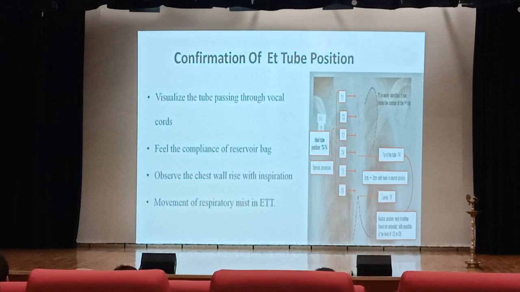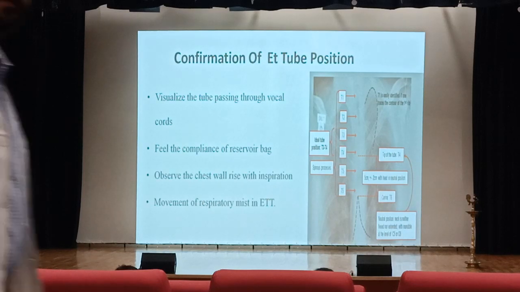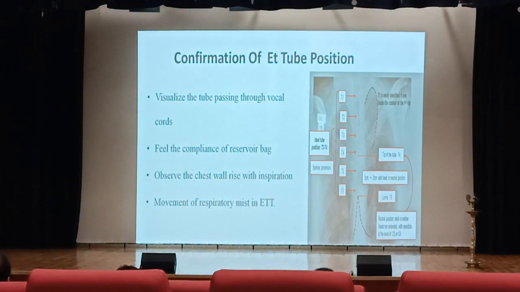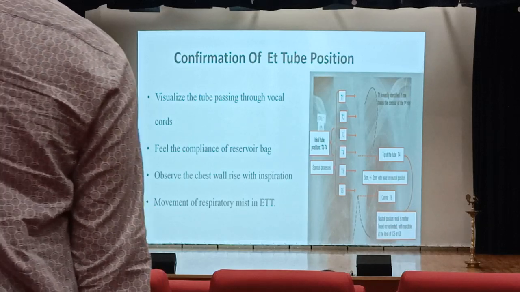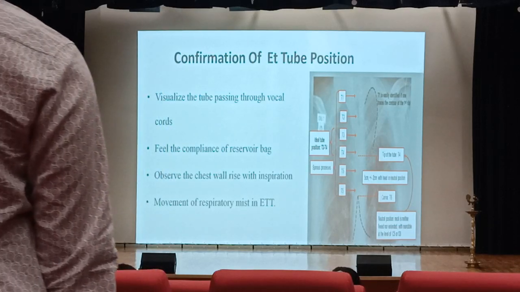After we are done with the endotracheal intubation, the next step is confirmation of the ET tube. First and foremost, we can visualize that the tube is passing through the cords. So while we do laryngoscopy, we can see the tube going through the cords. Next, we can feel the compliance of the reservoir bag when we ventilate the patient. Third, we observe the chest wall rise with inspiration.